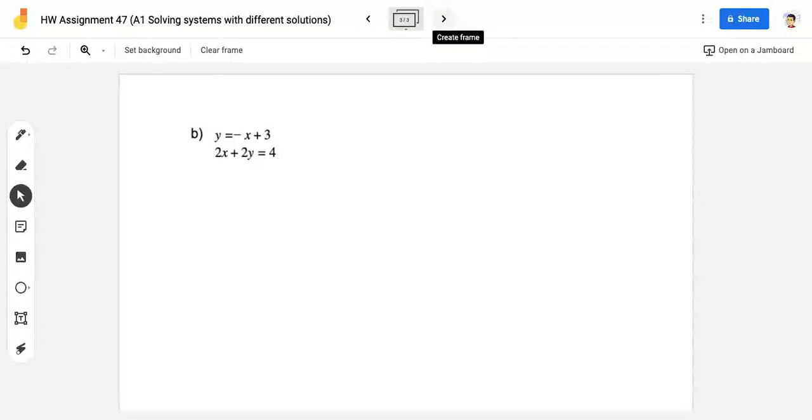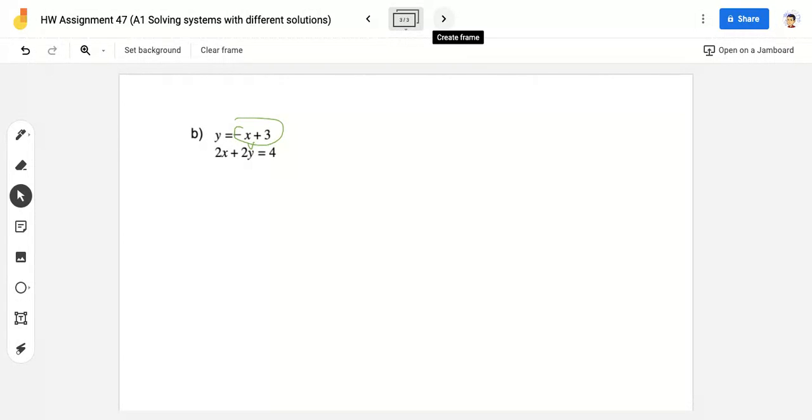Let's see our next one. We have y is equal to -x plus 3, and 2x plus 2y is equal to 4. This seems to lend itself to the substitution method. I'm going to take this -x plus 3 and substitute it for y in the equation below, because y is equal to -x plus 3. So let's rewrite.